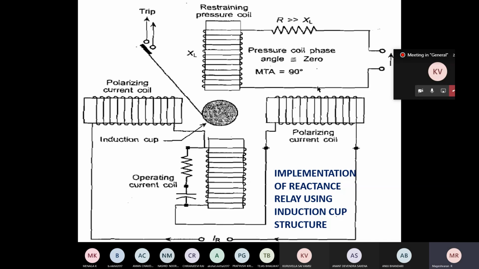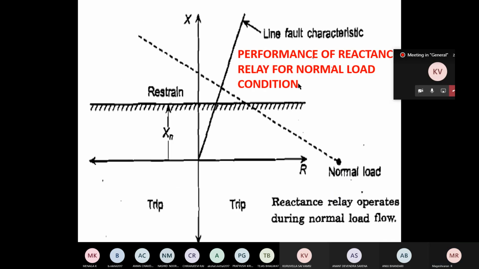So in order to implement the reactance relay, we need again both CT and PT. This is general: for a distance relay, we need both instrument transformers, CT and PT, no other way.